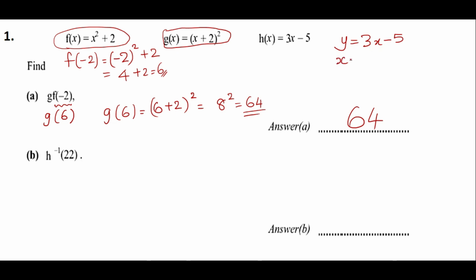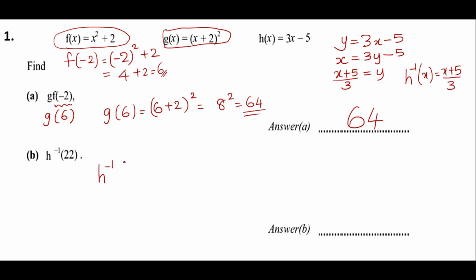Step 2 is switching, so x equals 3y minus 5. Now I'm trying to make y my subject. So x plus 5 over 3 is my y. So I have found my h inverse of x, which is x plus 5 divided by 3.